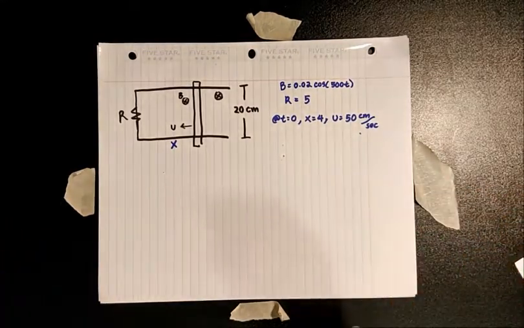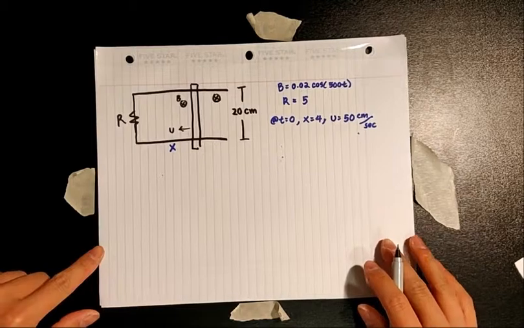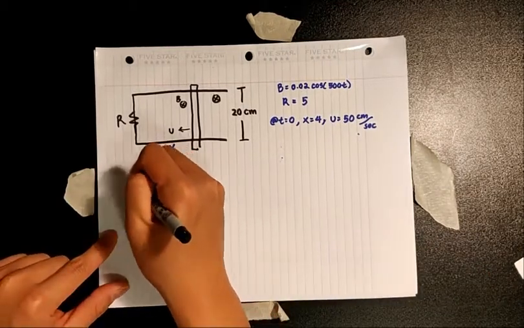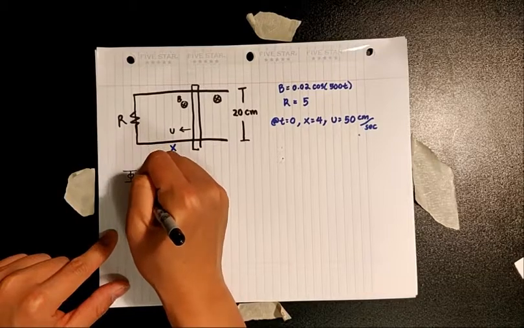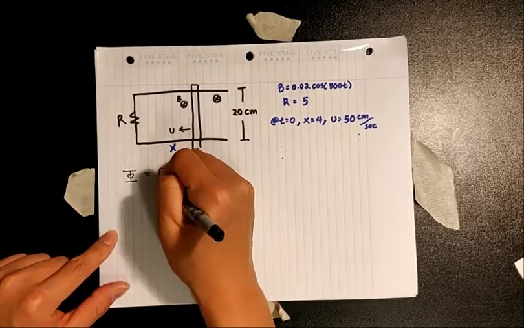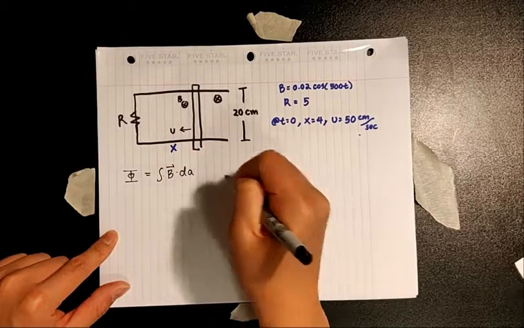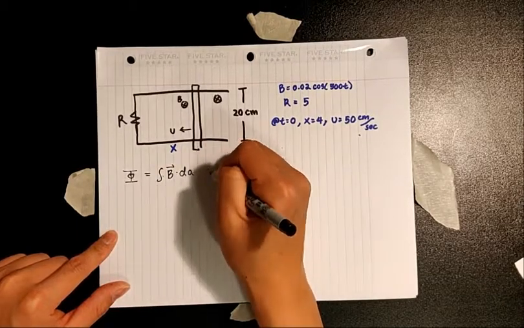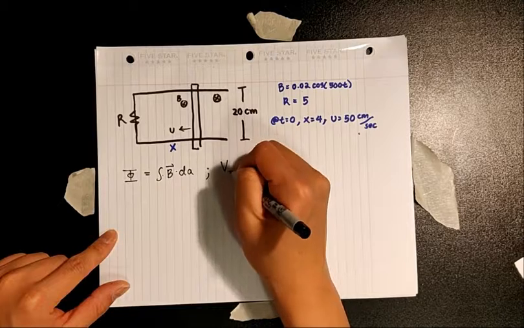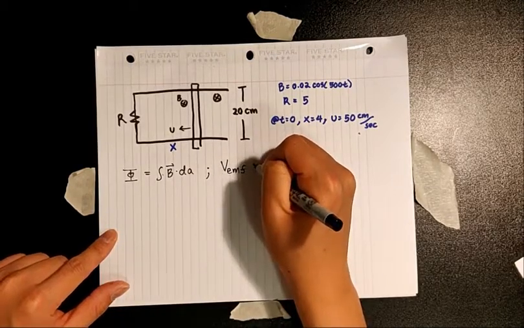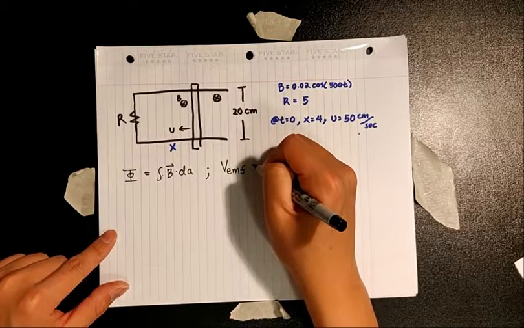So to find that, let's write down the equations that we will be using. We know that flux is simply equal to B dot dA, and we can use this flux to find the electromotive force, or the induced voltage that would drive the induced current.